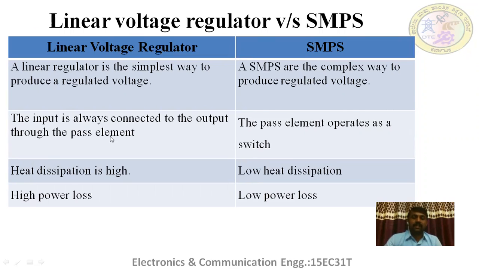Because of linear operation, there is heat dissipation in a linear voltage regulator. Also, there is power loss, but these two are not much of a problem in SMPS. Because of the switching operation of the pass element, there is less heat dissipation as well as less power loss.